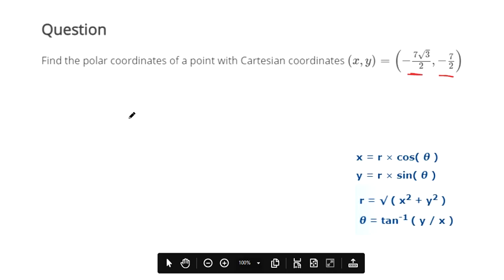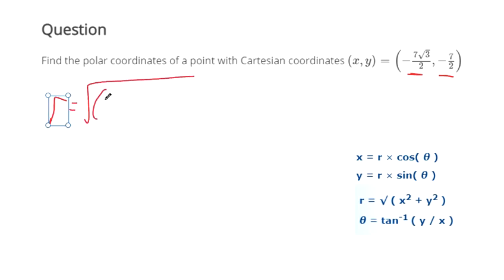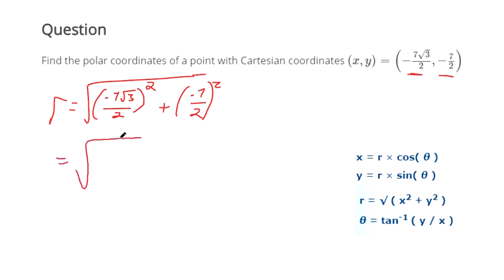So r is going to be the square root of x squared plus y squared. If we simplify, we're squaring everything, so negative 7 squared makes 49. The square root of 3 squared makes 3. 2 squared makes 4.